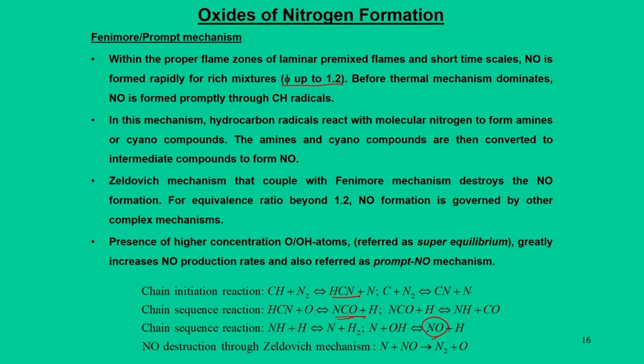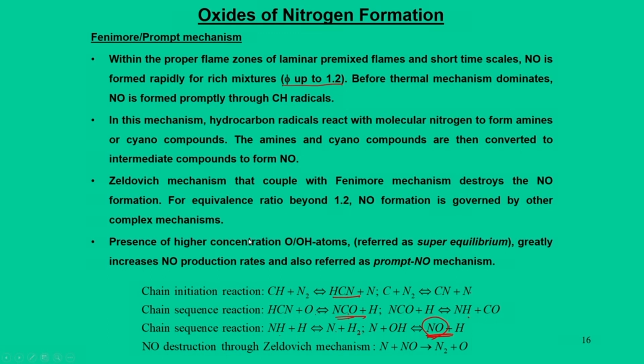NCO will give nitrogen oxide and NH, NH will react with N plus H2, and finally N plus OH gives NO. So, this NO formation happens through a sequence of chain initiation and chain sequence processes, and all of this happens in a very short duration, maybe milliseconds or less. So, it is called a prompt mechanism.